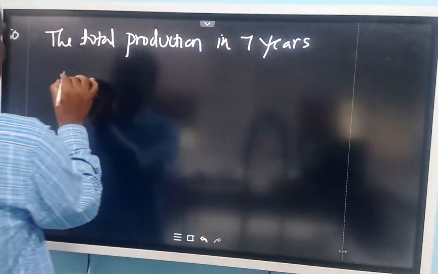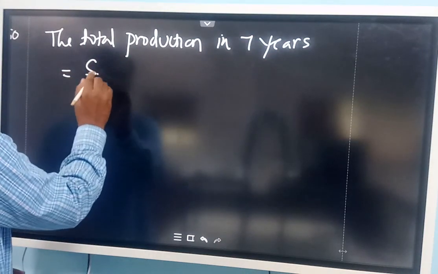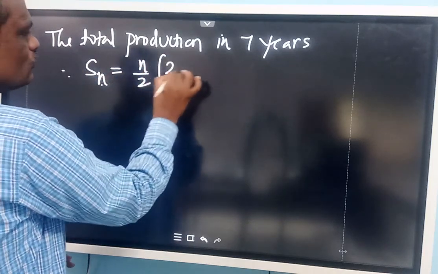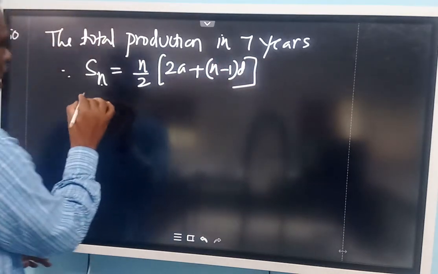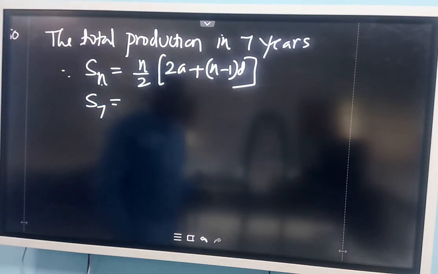So it is nothing but S7. You can use the formula Sn is equal to n by 2 into 2a plus n minus 1 into d. S7 we want to find because it is the total production from the first year to the 7th year.